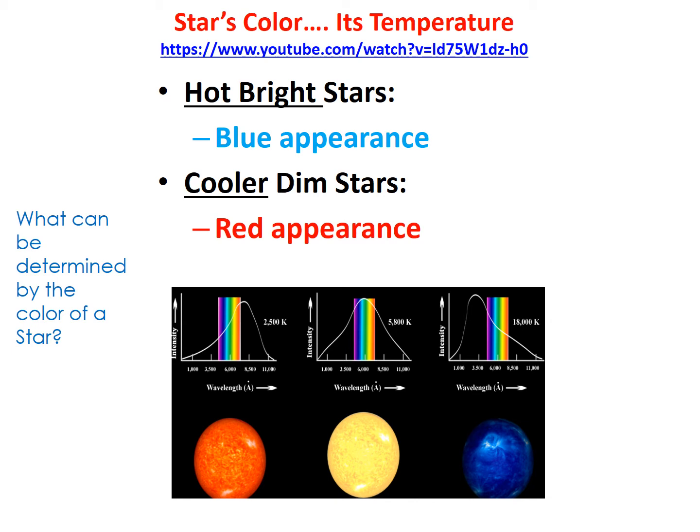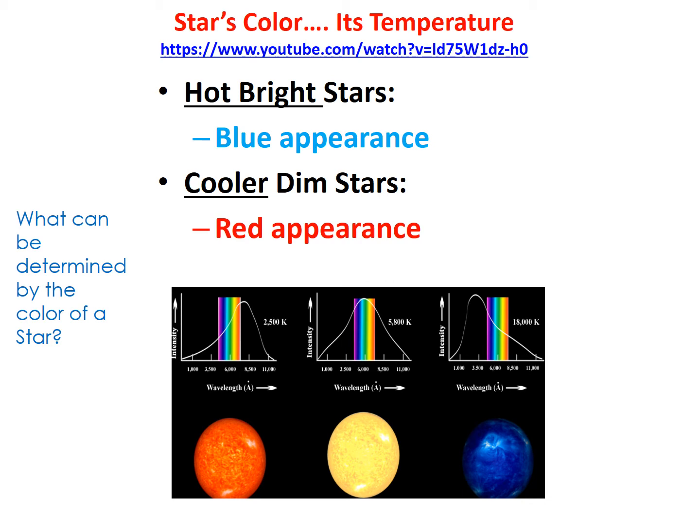You look up there and it kind of looks a little bit red, but I'm not quite sure, and if I stare at it a little longer, it seems like it's red. Same way with blue. You look at some of them and you think, I think that's kind of blue, but I'm not really sure. It just looks like a white dot. You look at it with certain instrumentation and you can tell the difference. So hot, bright stars tend to be blue in color, and the cooler, dim stars are red in color.